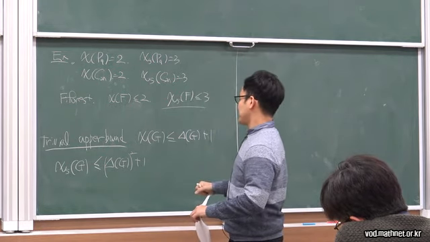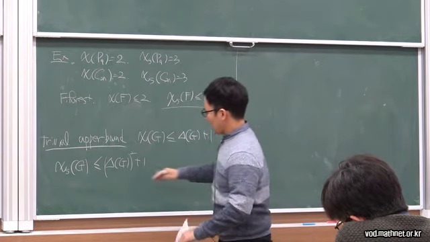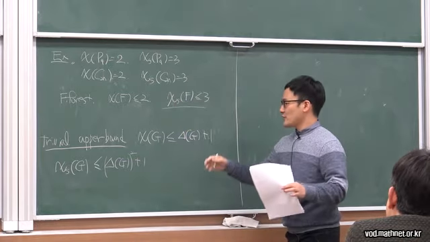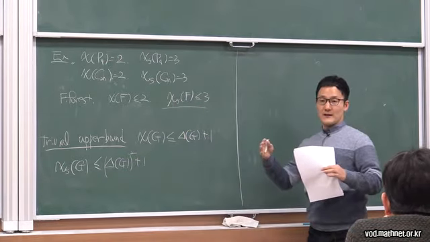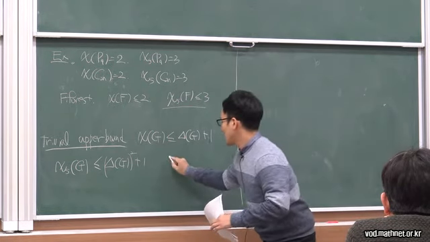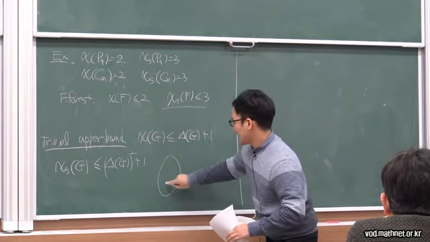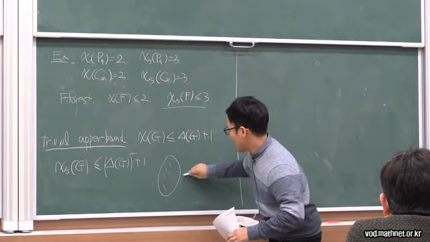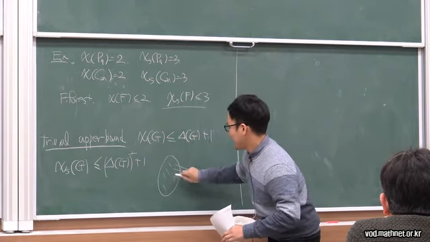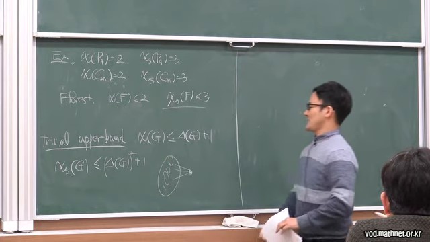Okay, and this is because if you have this number of colors, then you can color vertices greedily. So suppose you already colored these vertices, and you want to color this new vertex, and look at its neighbors and its second neighbors.